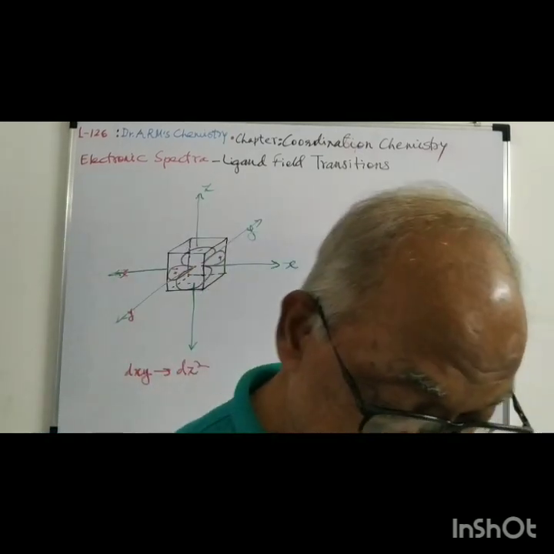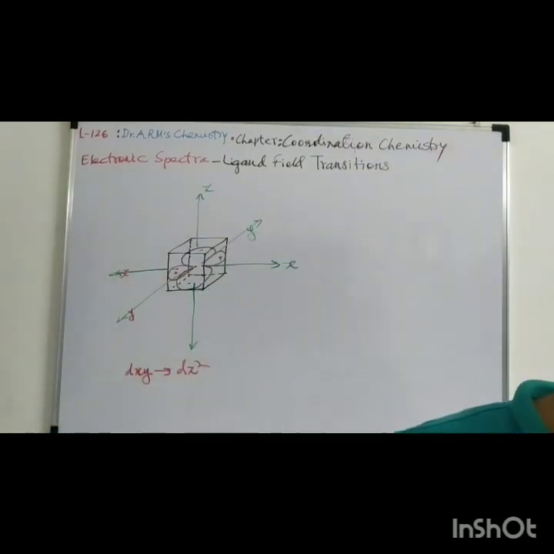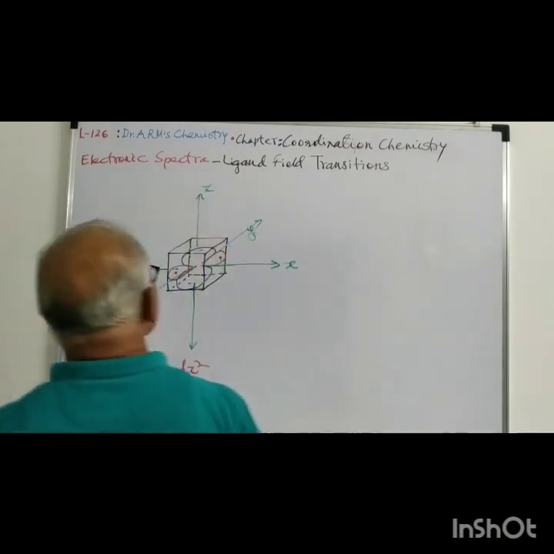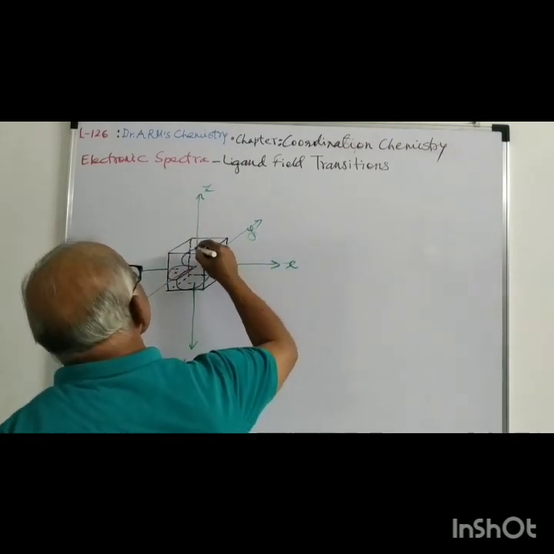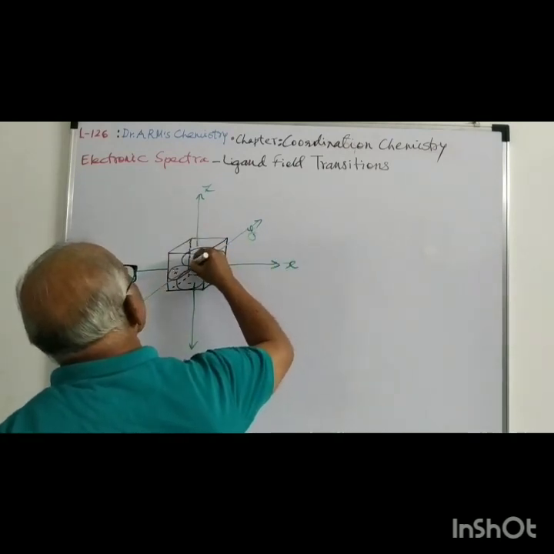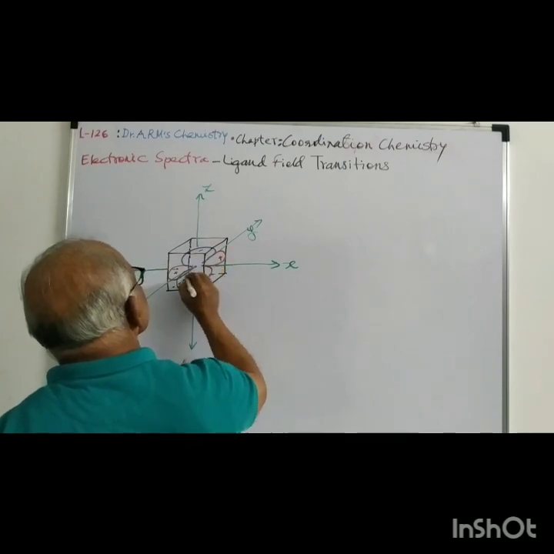Now we will show the other orbital having dz2 axis. So dz2 is shown in this way. So there is one part here.